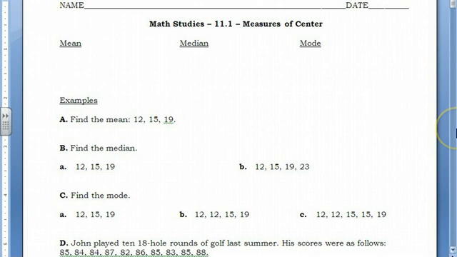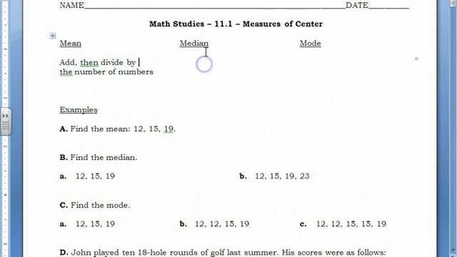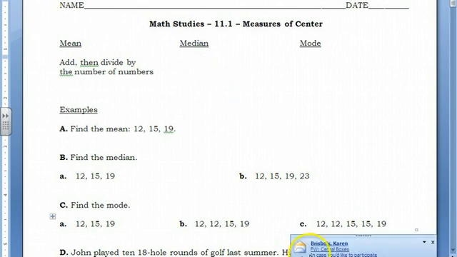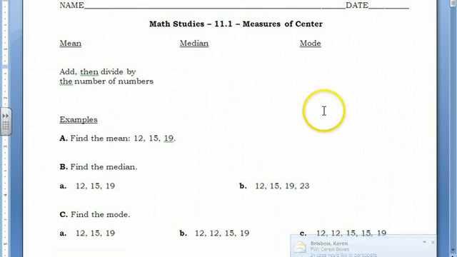That would be that you add the numbers, then divide by the number of numbers. The median is found by finding the middle number.